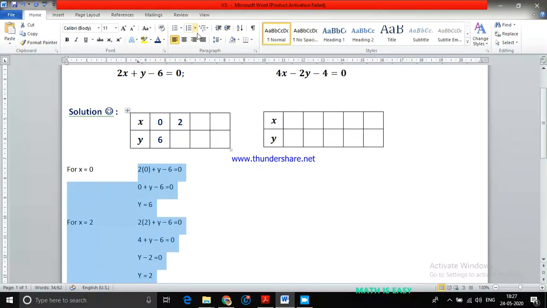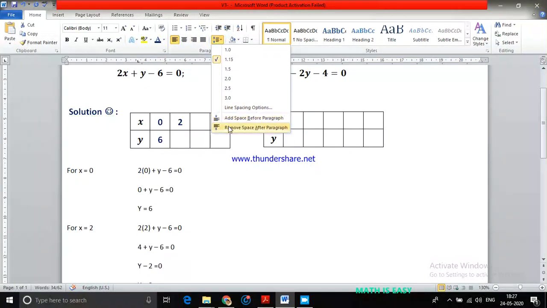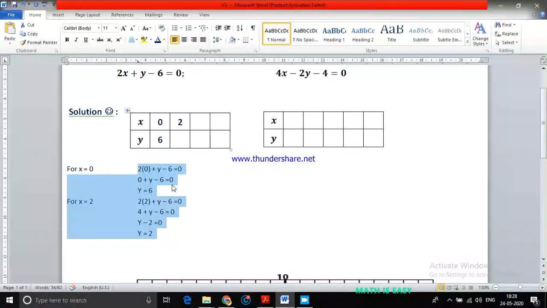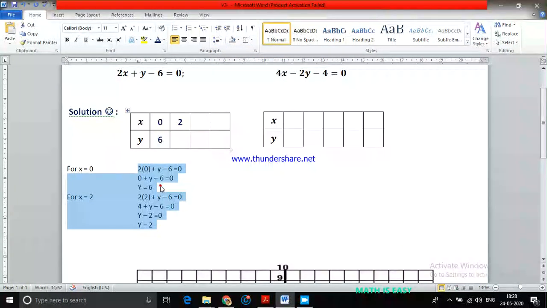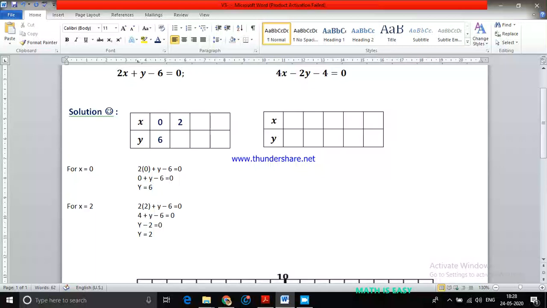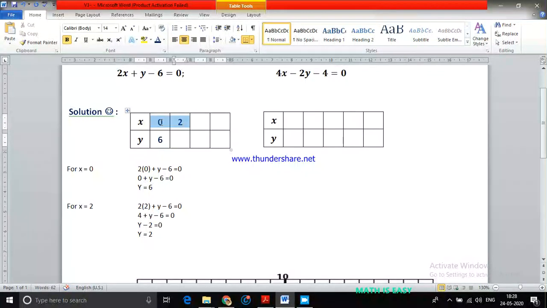So that's how we get the corresponding y values from the corresponding x values. Choosing the x value is your wish. Whatever x value you want, you take. I have taken initially 0, then 2, so the y value is 2.